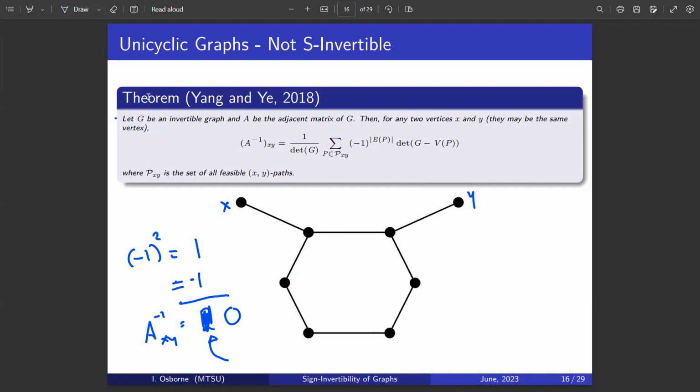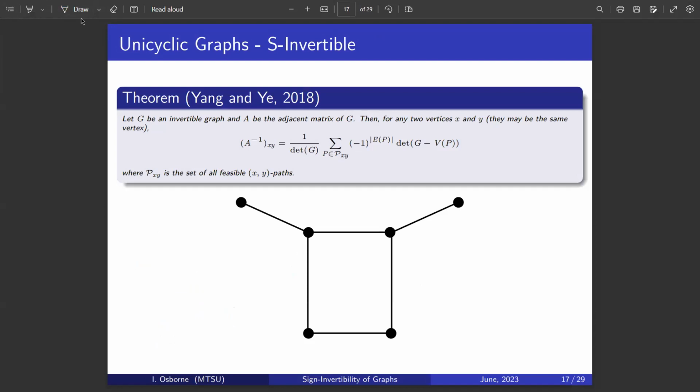And go to the next one. Okay, and so for this one, it's also got two pegs, but in this case, it will work out. So if we look at vertex X and vertex Y, we can start again by taking this path here. And so we're left with this single set of vertices down here.